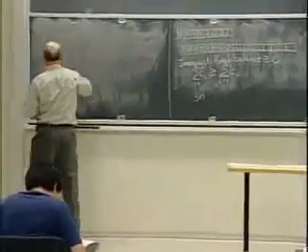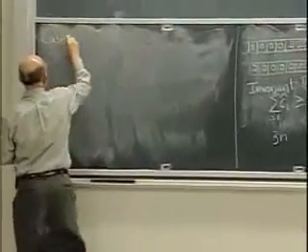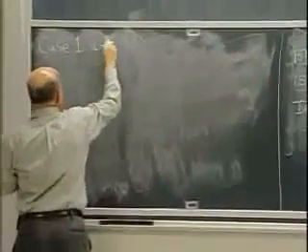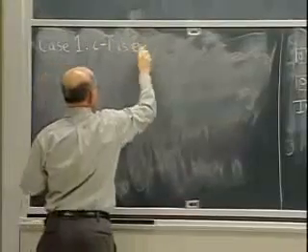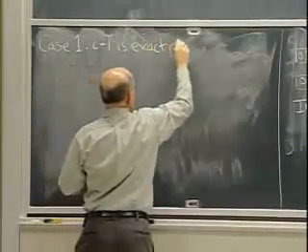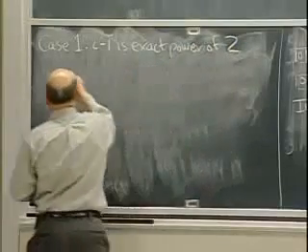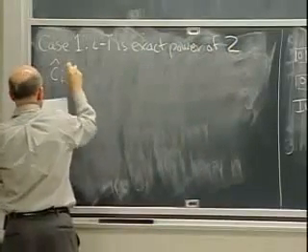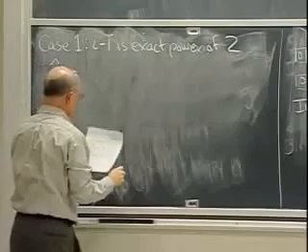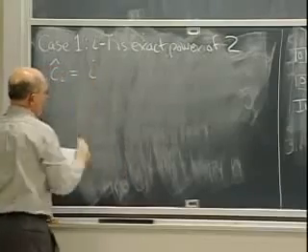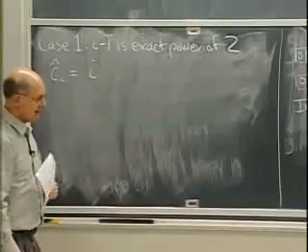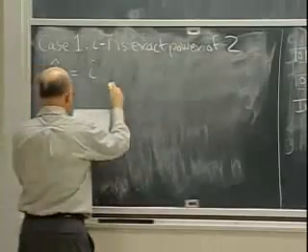Okay, so case 1, I minus 1 is an exact power of 2. So then C_i hat is equal to, well, C_i is now just I. That's that case. And then we have the rest there.